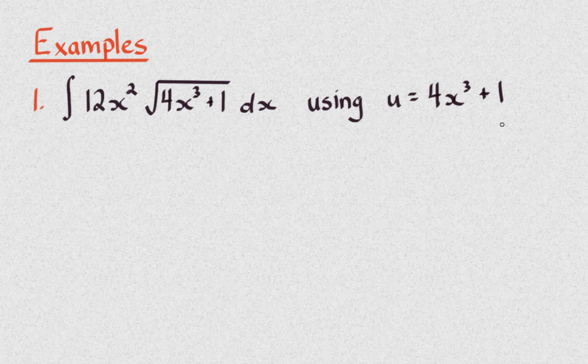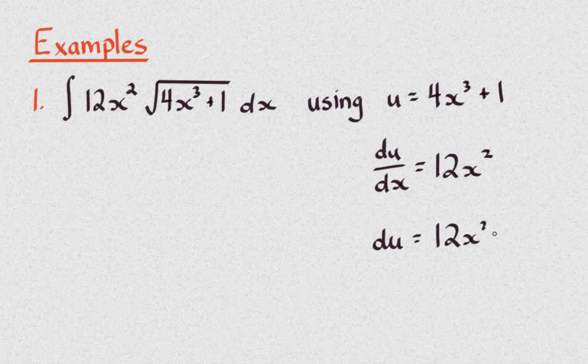So let's look at our substitution, and we can derive this equation and find du dx. In this case, we will get 12x squared. And treating this like a fraction, we can see that du is equal to 12x squared dx.